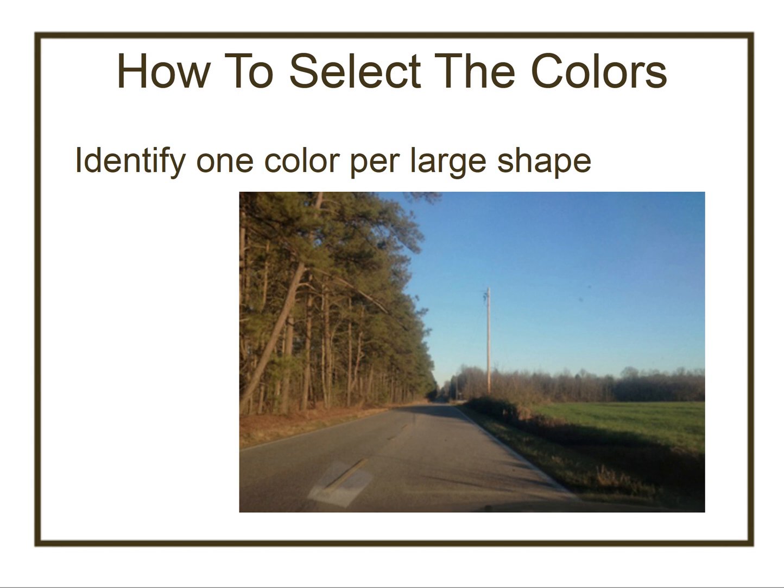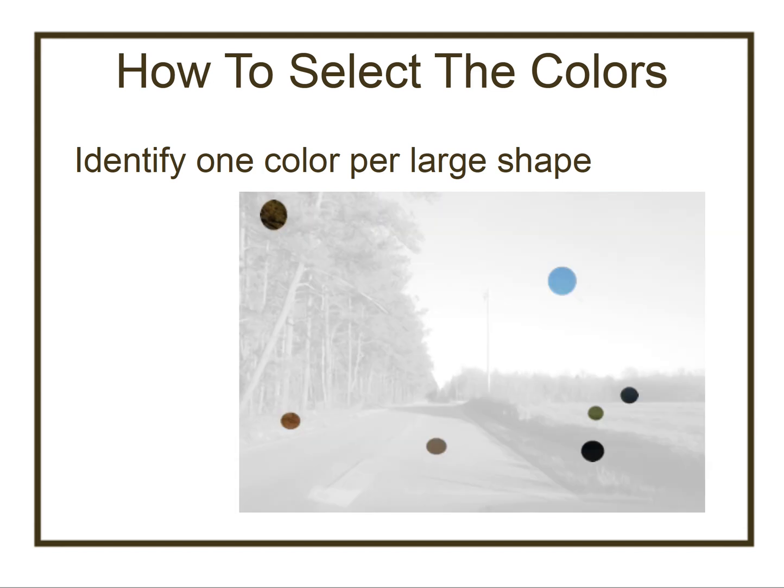Look through that viewfinder at the subject, whether it's landscape, figure, still life, whatever, or a photograph, and identify the main color that you see in that particular area of the composition. So I've done that here using the computer.